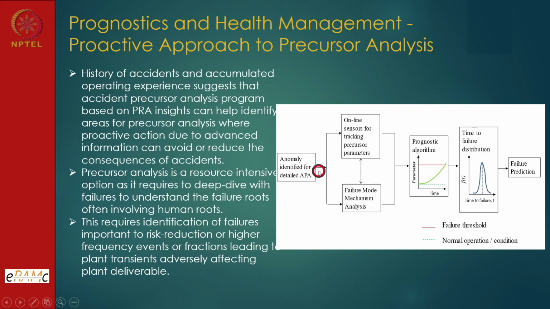We are continuously monitoring the system, component, or structure, online sensors are tracking it, and prognostic algorithms are used on the parameters over time to see how it is going. This is the alarm value we have here, but if we can trap it well before that, because after the alarm value the time will be very less. Finally, the time to failure distribution shows the time available before reaching this point, and the distribution can be developed and failure prediction can be done.